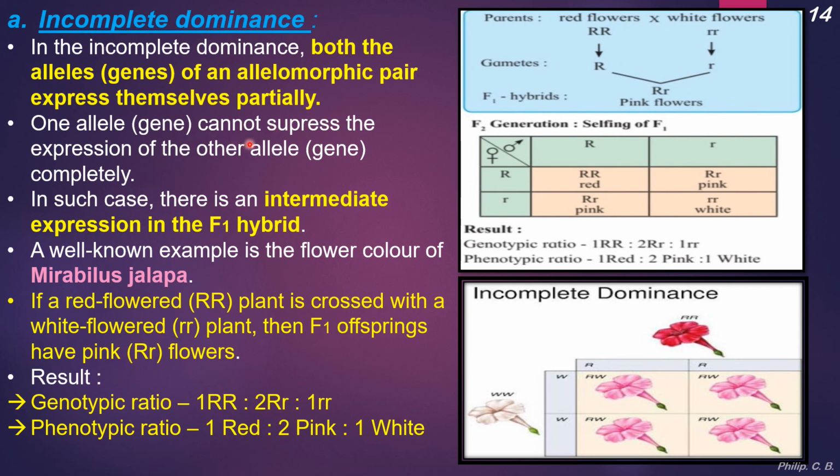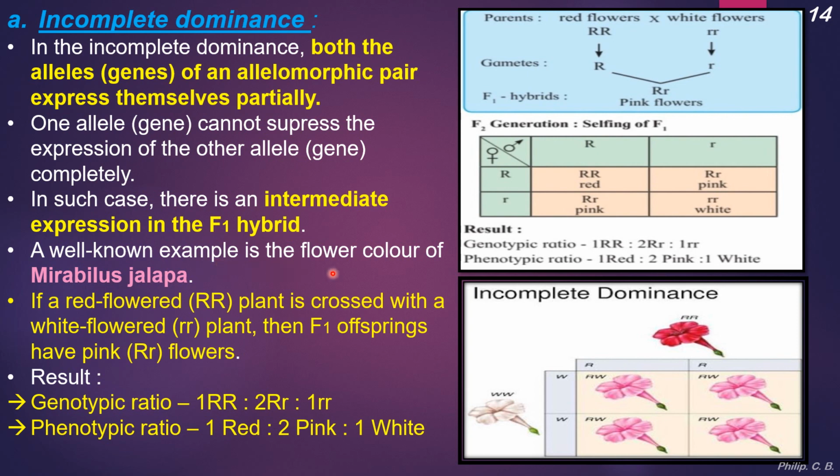One allele cannot suppress the expression of the other gene completely. So in Neo-Mendelism, or in this incomplete dominance, one gene is not dominant over the other. So it cannot suppress the expression of the other gene. In such a case, there is an intermediate expression in the F1 hybrid.